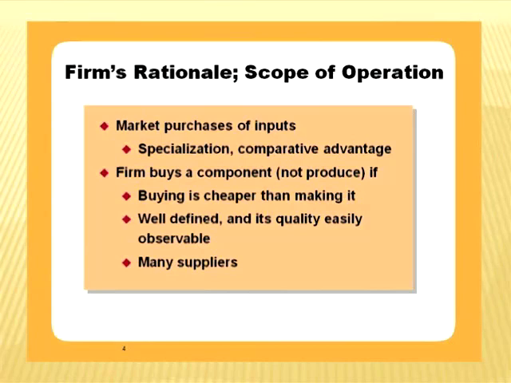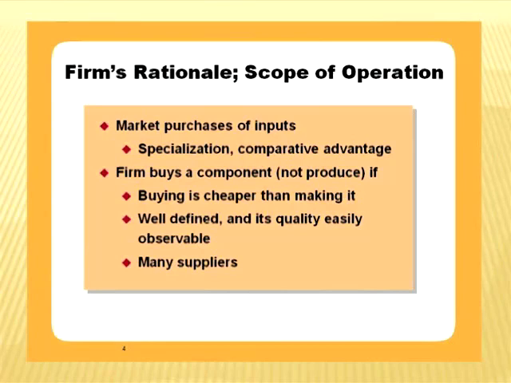Firms will buy components, that is, not produce them, if buying is cheaper than making it, and if you have a component, a piece or a part that's well defined and its quality is easily observable. And that would be the case with a chip. You can test the chip and find out whether it's the right quality or not.